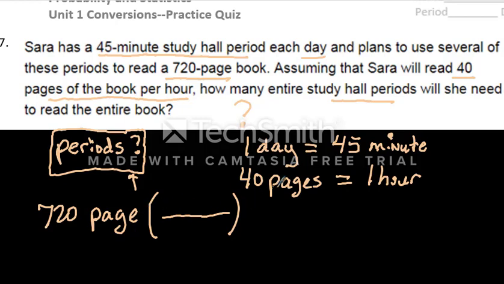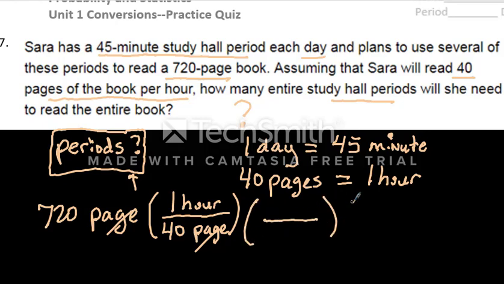Okay, well, if it's 720 pages, the only other place I see pages I can convert to hours. So this would be 40 pages. That way they would cancel. Takes 1 hour. And the only other place I see conversions would be minutes and days. So I got to somehow get the hours into minutes.